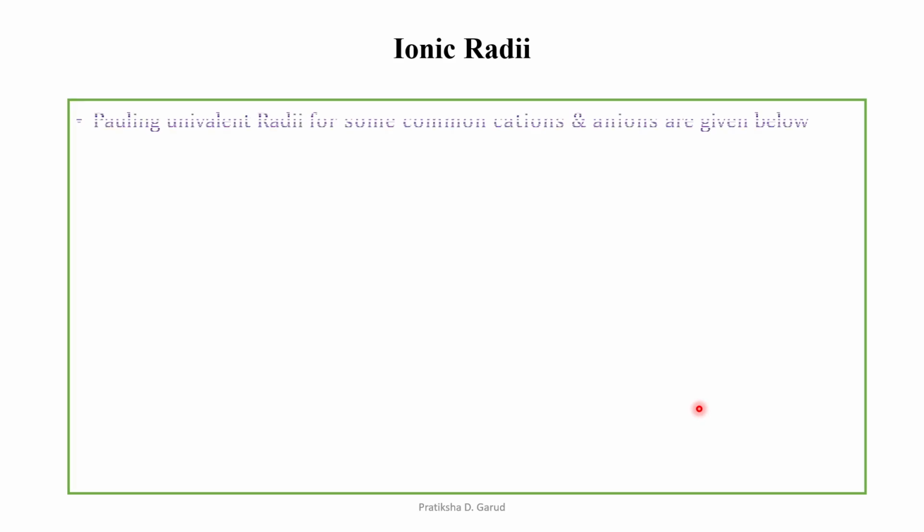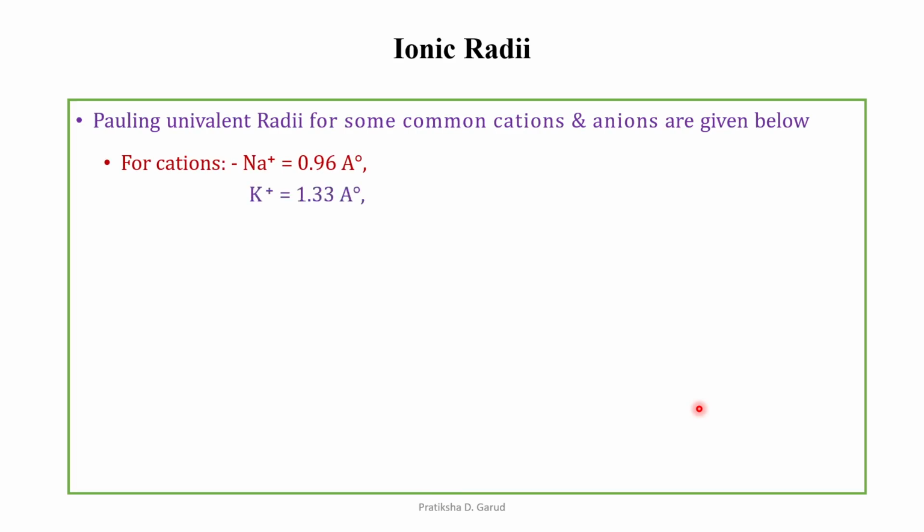Then Pauling's univalent radii for some common cations and anions are given as: for cations, Na plus is 0.96 angstrom, K plus 1.33 angstrom, rubidium plus 1.48 angstrom, cesium plus 1.69 angstrom.